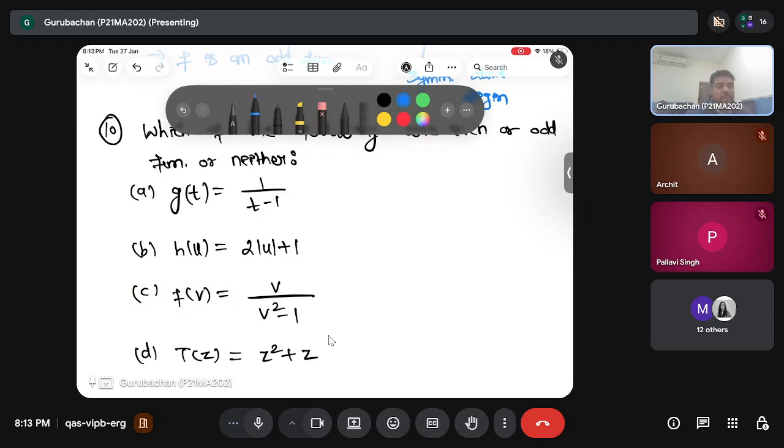First one is even function or odd function, or neither? Are you doing it? Anyone?